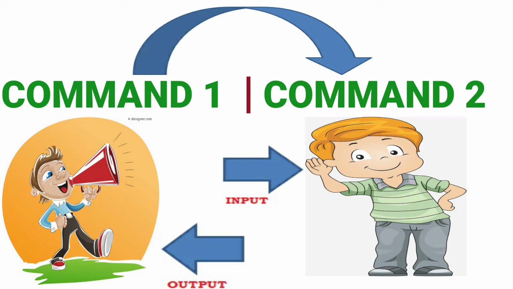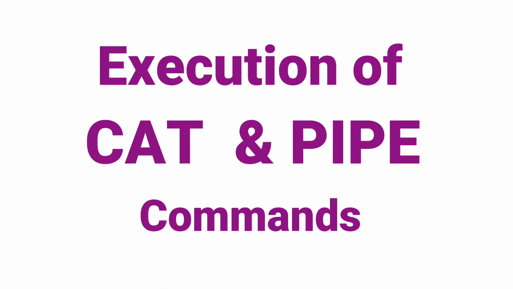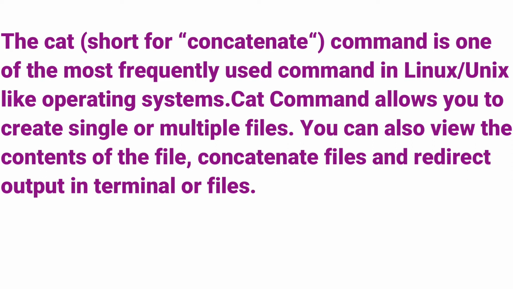Let us understand this with an example. So students, now let us execute some commands using pipe and see how the pipe command works. We start with a basic command, the cat command. In short, we call the cat command the concatenate command.